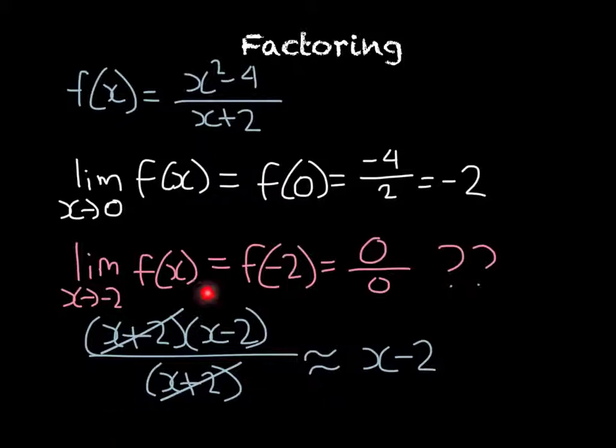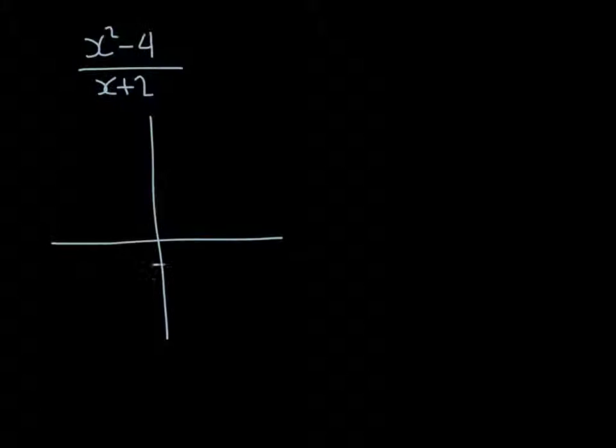One of these, the one on the left, has a hole at x equals negative 2, where the function does not exist. But the function on the right side doesn't have this hole. If I were to graph these, the one on the left, given by x squared minus 4 over x plus 2, would look something like this line, except that at x equals negative 2, there's a gap where the function doesn't exist.